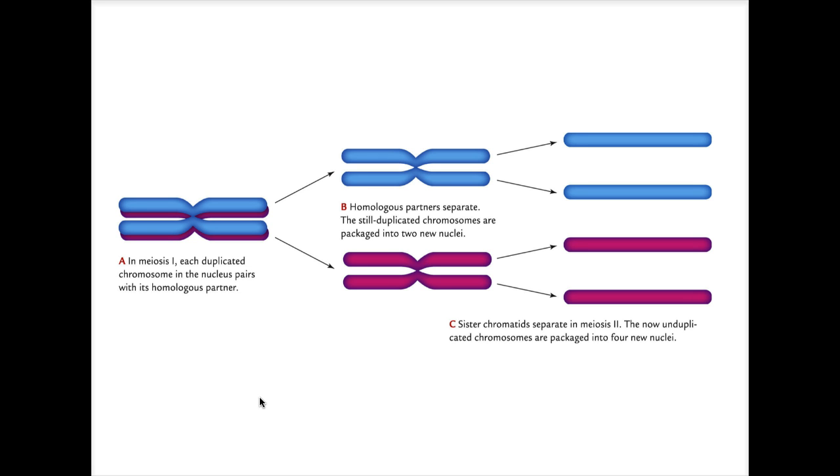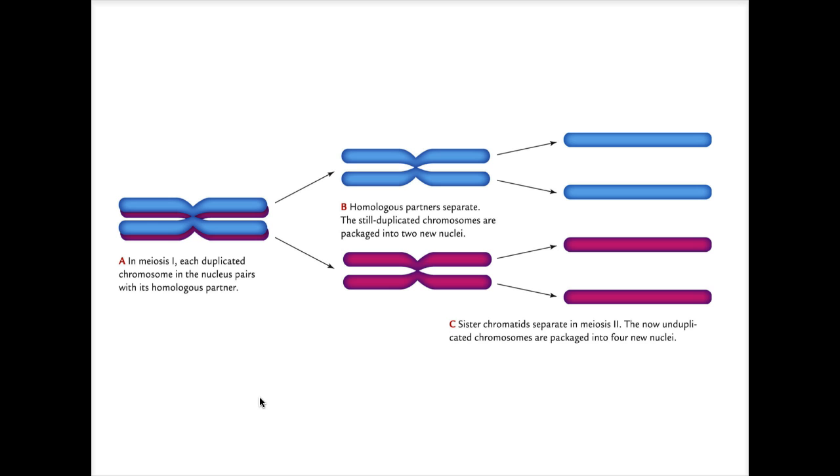And then chromosome number 2, I have one from my mother, one from my father, all the way down to chromosome number 23, which are my sex chromosomes. Since I'm a female, I received an X chromosome from my mother and an X chromosome from my father. So my 23rd chromosomes are XX, or a female. If you're a male, you would have received an X from your mother and a Y from your father. So you would be XY at the 23rd chromosome.